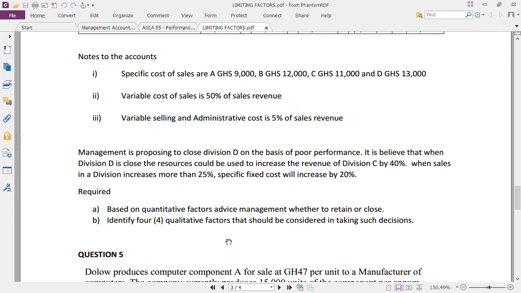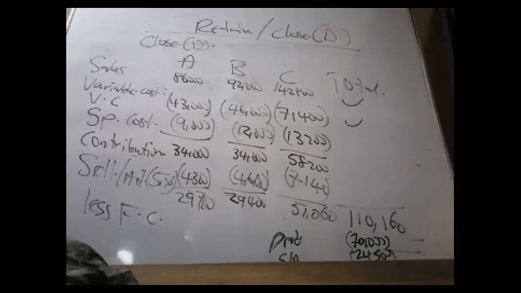Identify 4 qualitative factors that should be considered in taking such decisions. So if you want to shut down or if you want to retain, what are the 4 factors to be considered? Look at it like a question.